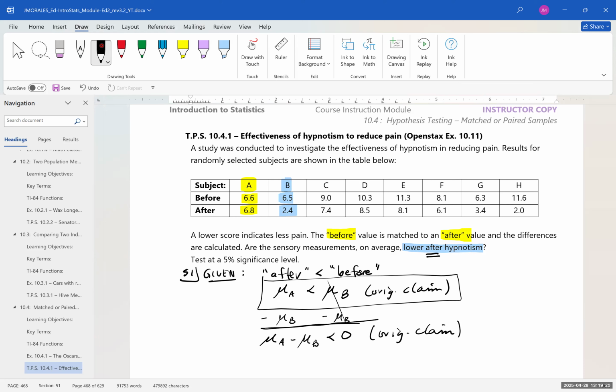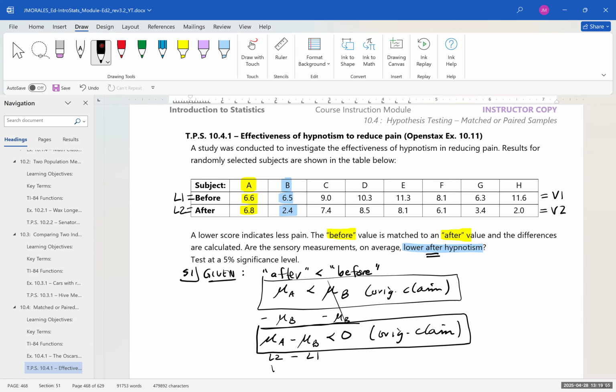Now what's going to make this maybe a little trickier to keep track of here is that typically, we put these values in list 1 and these values in list 2. So we're just going to have to be careful that we do list 2 minus list 1 on the Texas Instruments calculator. And with the NumWorks calculator, we're going to put this in V1 and V2.